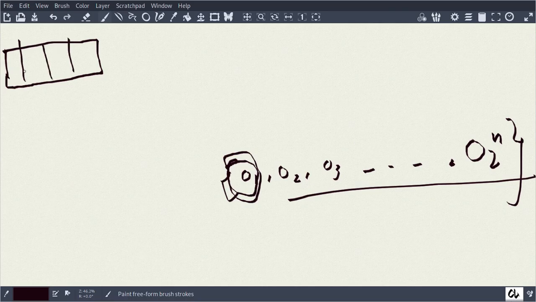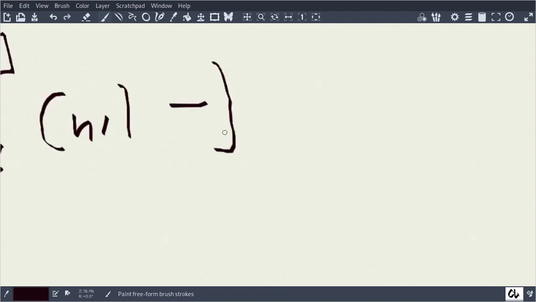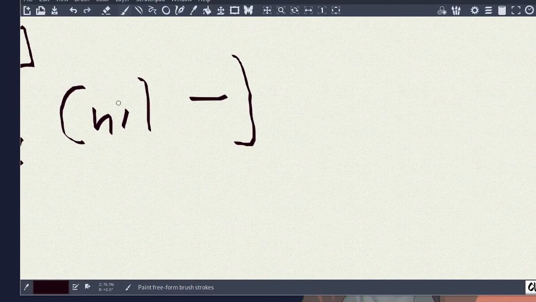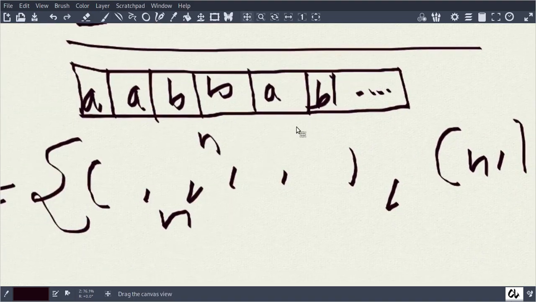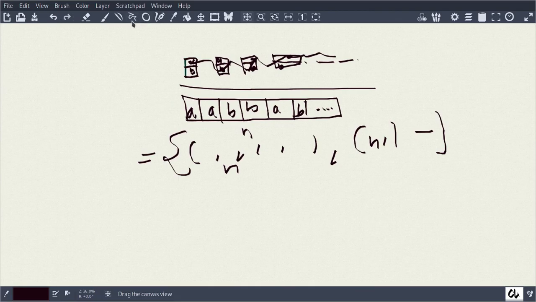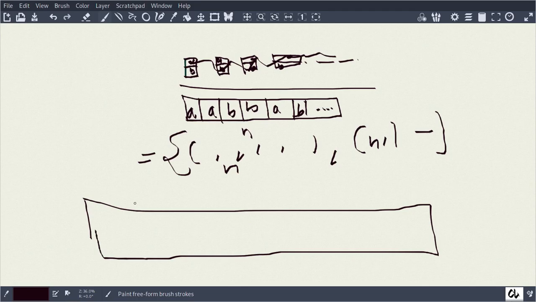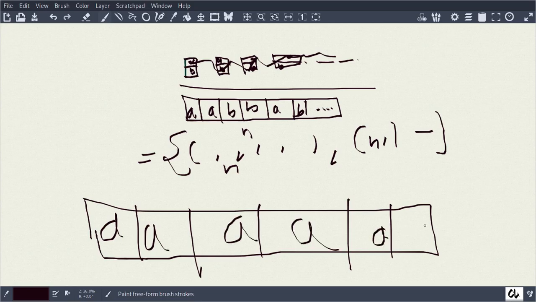And we multiply everything in here, and we add everything up. Now, what we know is that in this array of n elements, there's this array where everything is filled with a's.